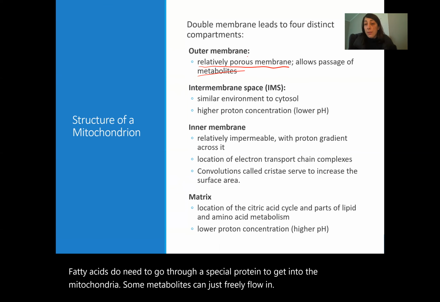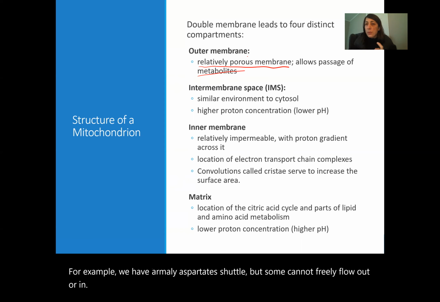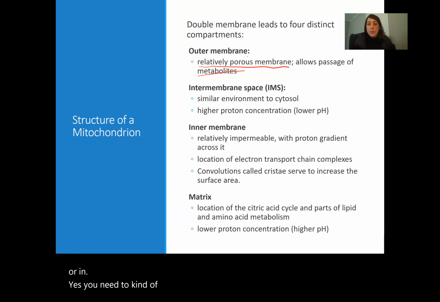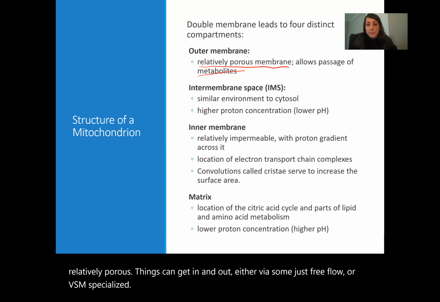For example, we have our malate-aspartate shuttle, but some cannot freely flow out or in. And thus you need to transform metabolites to enter or leave. But generally it's relatively porous. Things can get in and out either via some free flow or via some specialized protein.